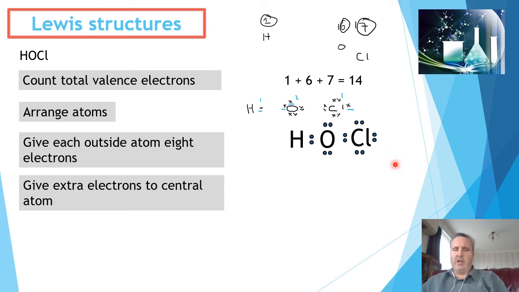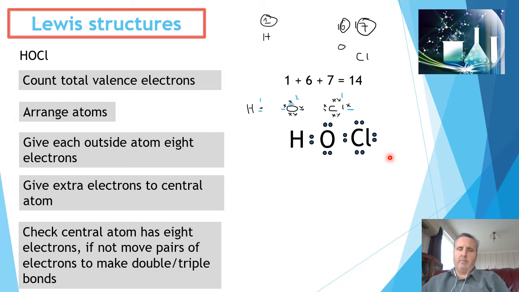Now I just want to check that all of my atoms have their allotment of electrons around them. So let's check that each atom has 8, or hydrogen has 2. If I circle here around the hydrogen, and this is just an imaginary circle, I wouldn't do this on the paper, I see that hydrogen has 2 electrons adjacent to it. So it's satisfied.